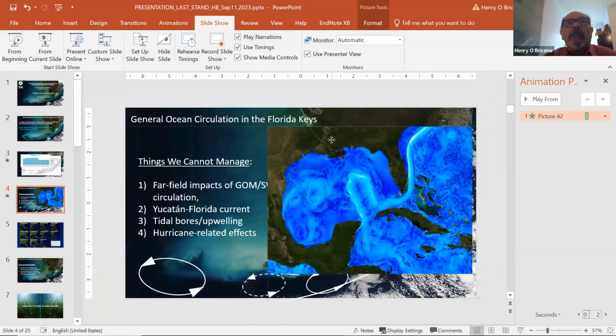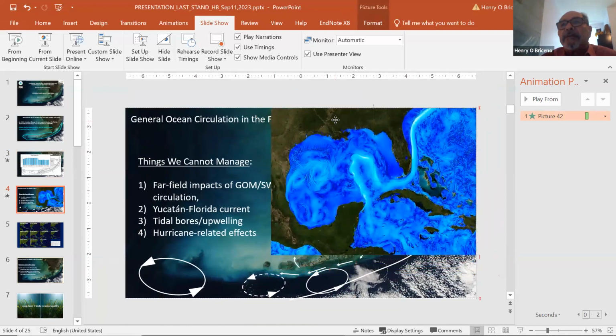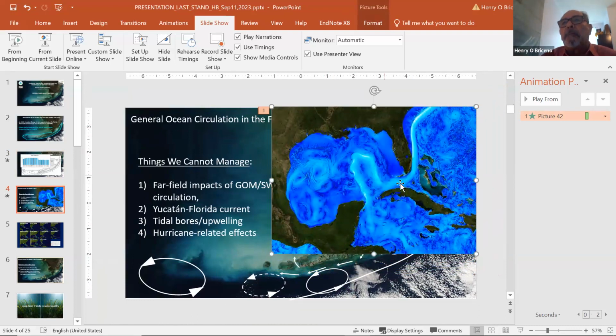Okay, so this is the major circulation pattern in the Caribbean. Here's Cuba, here's the Gulf of Mexico. So we have this current that moves about 100 times the water of all the rivers in the world, equivalent, just 30 billion gallons per second. That's what it moves.